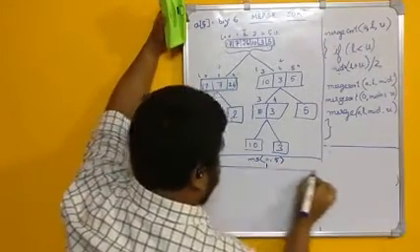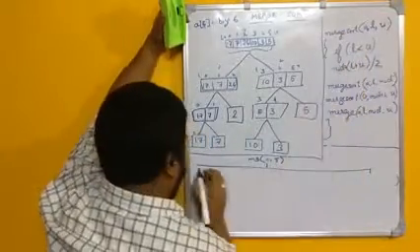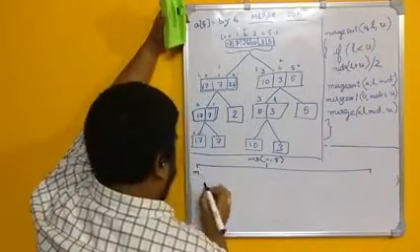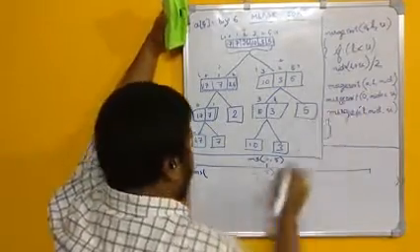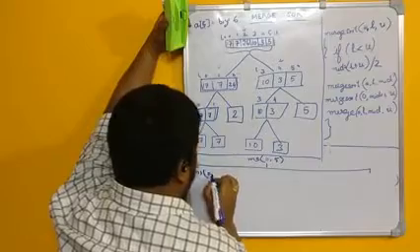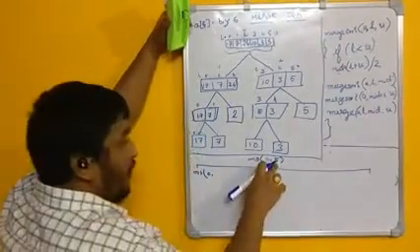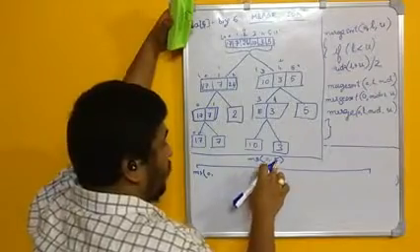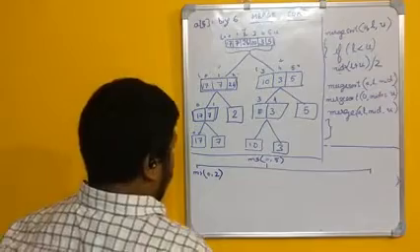This is our function. What happens in merge sort? L is 0 and mid is passed: 0 plus 5 divided by 2, that is 2. This is our first merge sort.